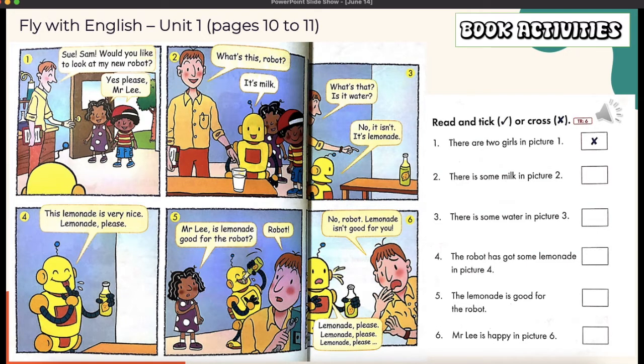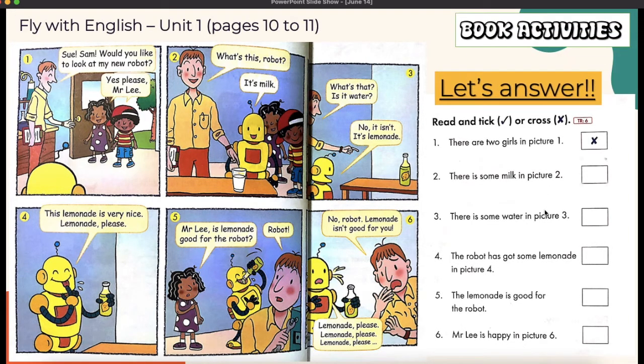Alright, now let's answer it. Okay, number 1. There are 2 girls in picture 1. And that's wrong because we only have 1 girl in picture 1. Number 2. There is some milk in picture 2.